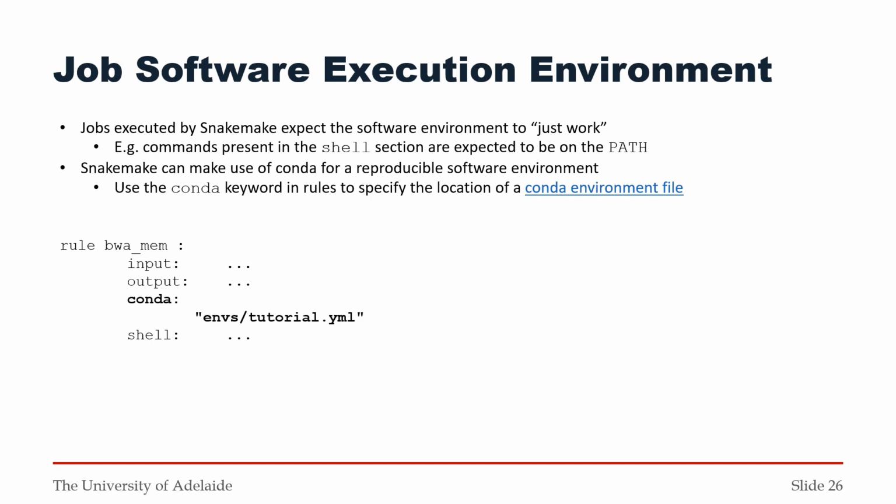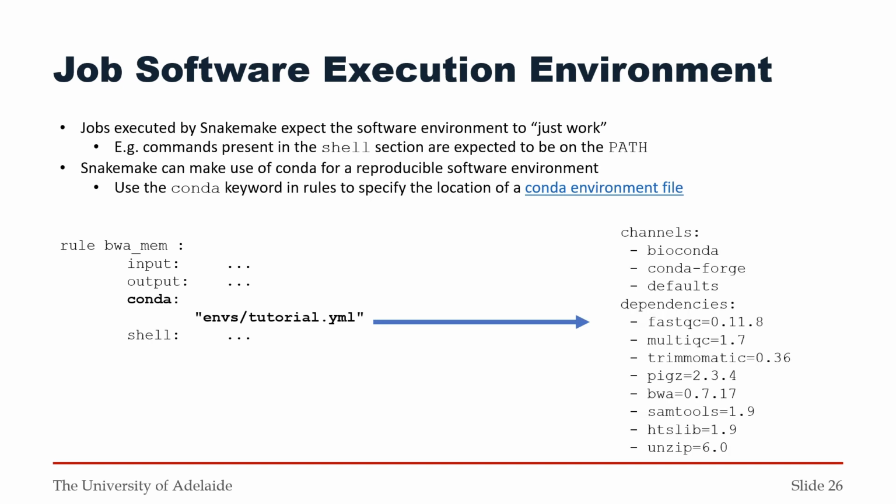And so in the example workflow provided in the repository, there is this tutorial YAML file, which defines what tools are required. And so that looks like this. This is Conda stuff, which I'm not necessarily going to get into, but this dependency is a list of tools that are required and their versions for executing this job.